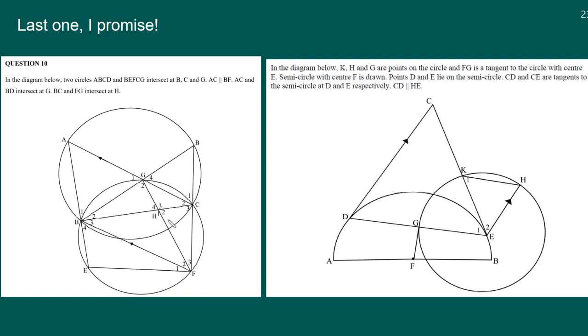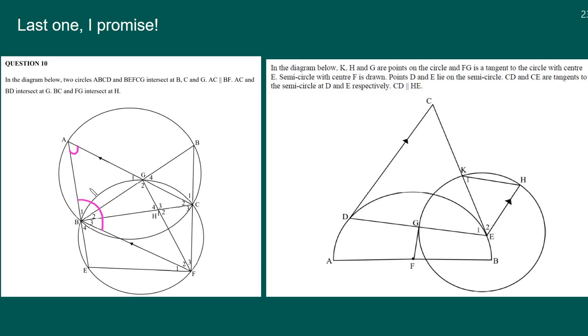Okay, I see angle CAB plus angle ABF. What type of angles are those? Co-interior angles. Okay, first pair done.